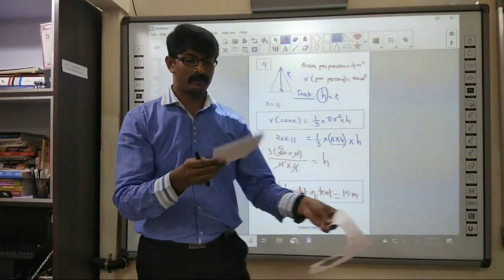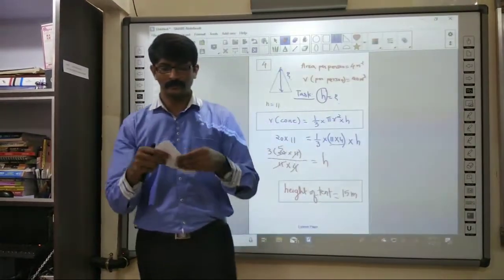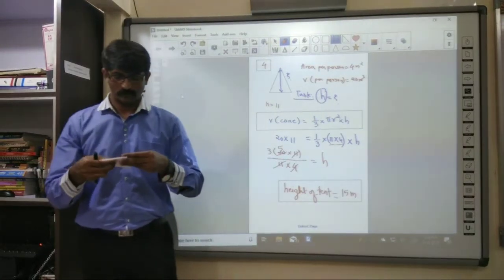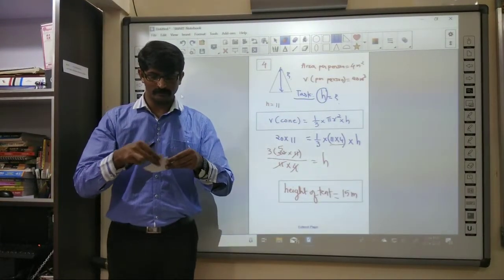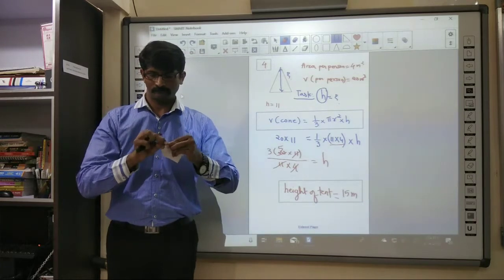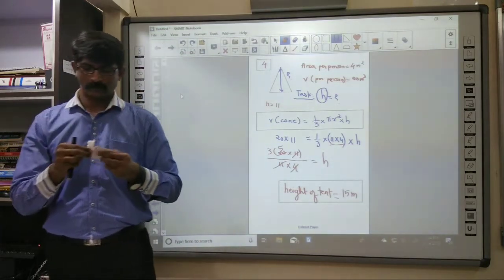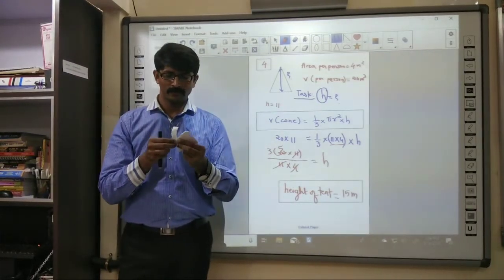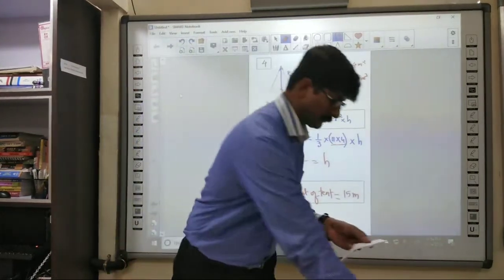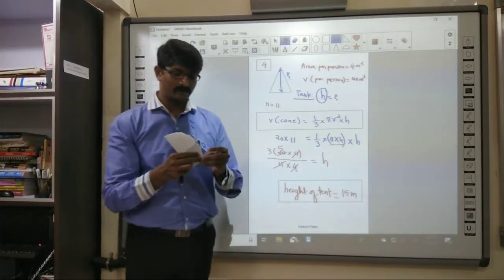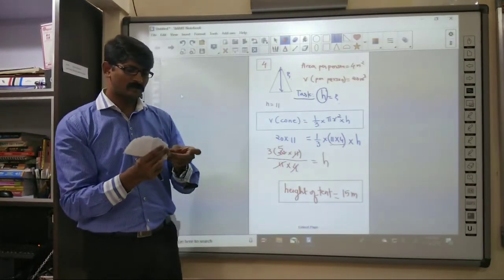Okay, look at this. This is something like a semicircular, isn't it? I know it doesn't look exactly similar. I mean semicircular, but still we can make it.